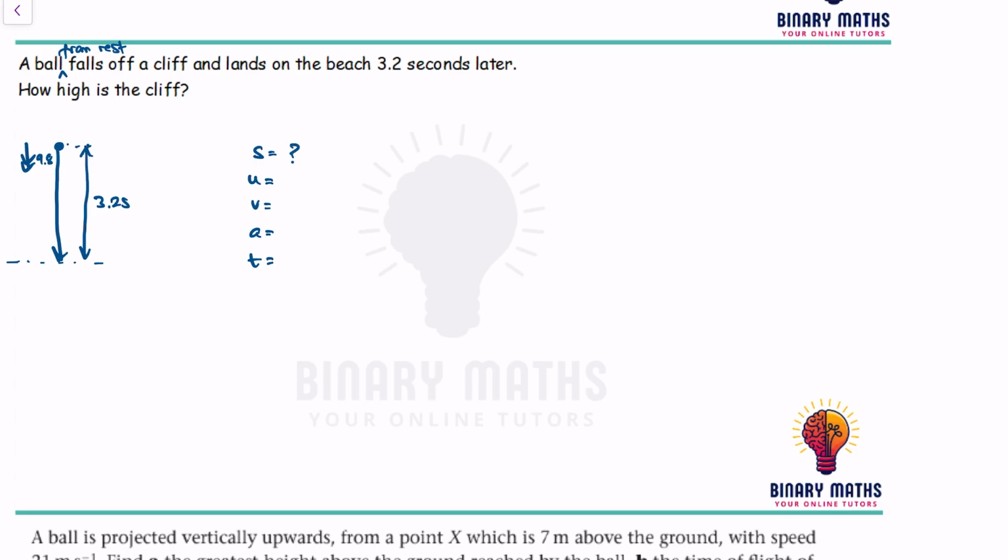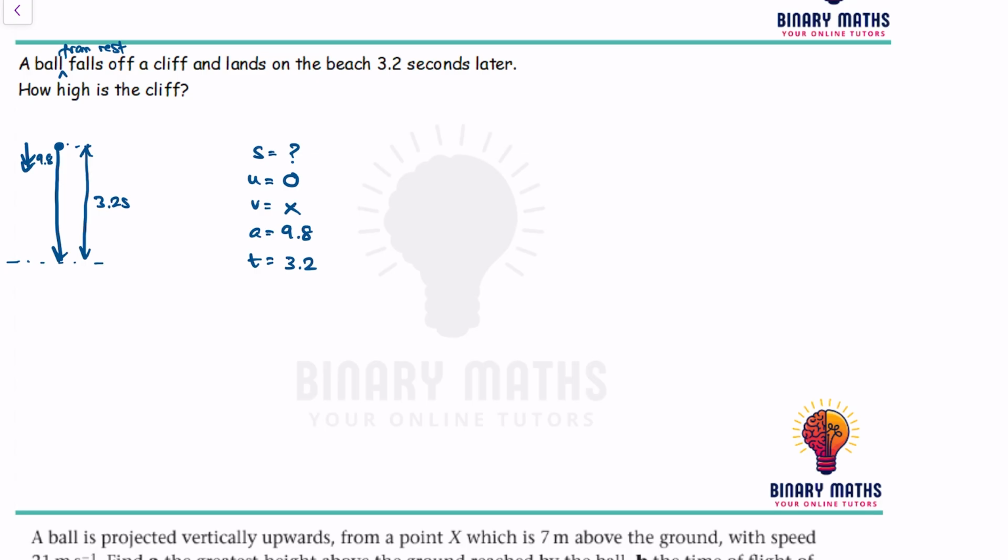Initial speed is zero because it's from rest. Final velocity, remember, is not zero when it hits the ground. We do not know what it is, so leave it as a cross. Acceleration is positive 9.8 because it's traveling in the same direction as gravity. And time is 3.2 seconds.